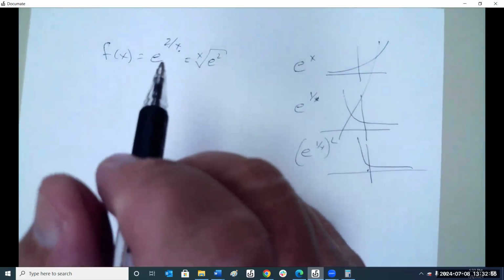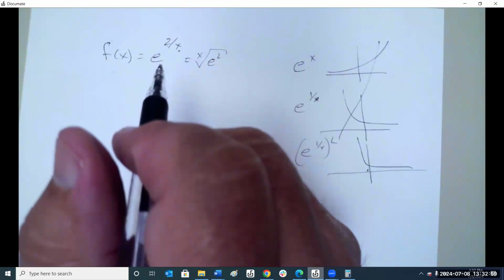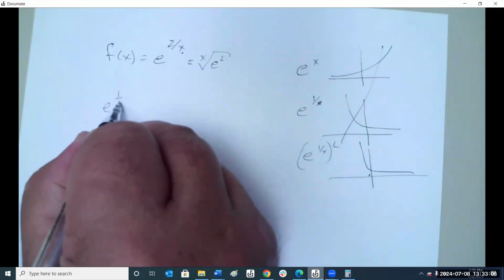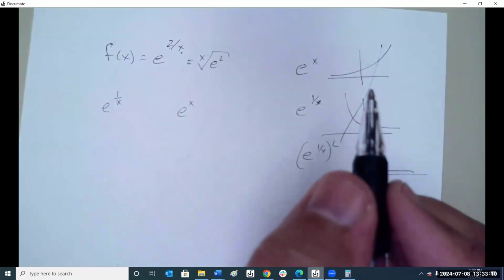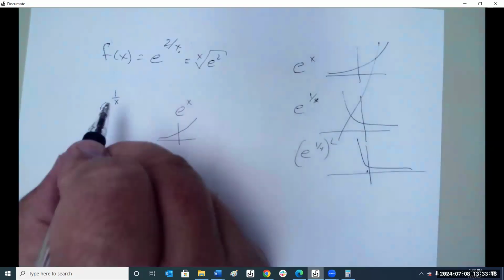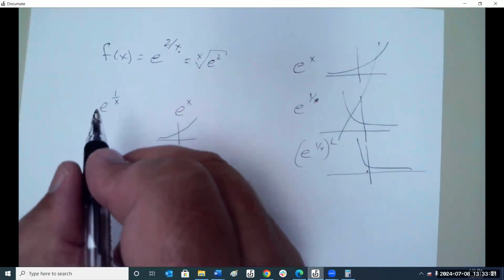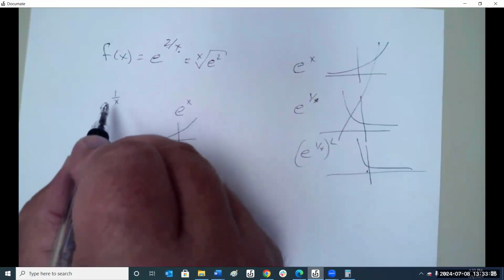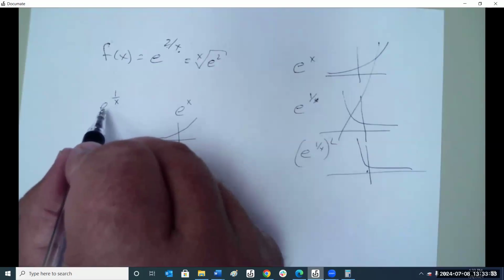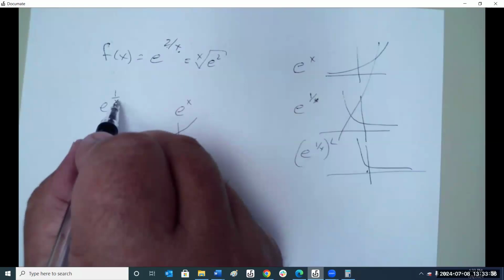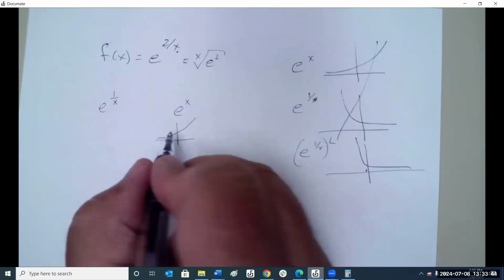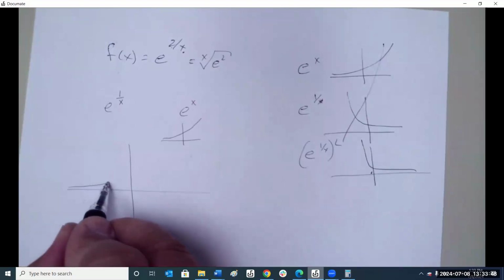So yeah, if it's a fraction, as x goes to 0.